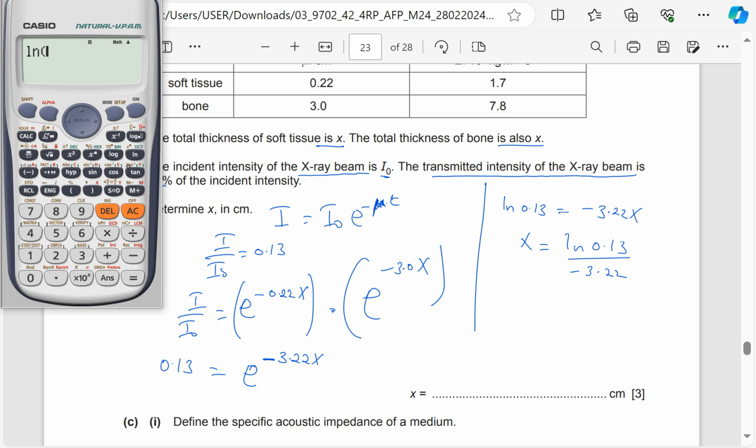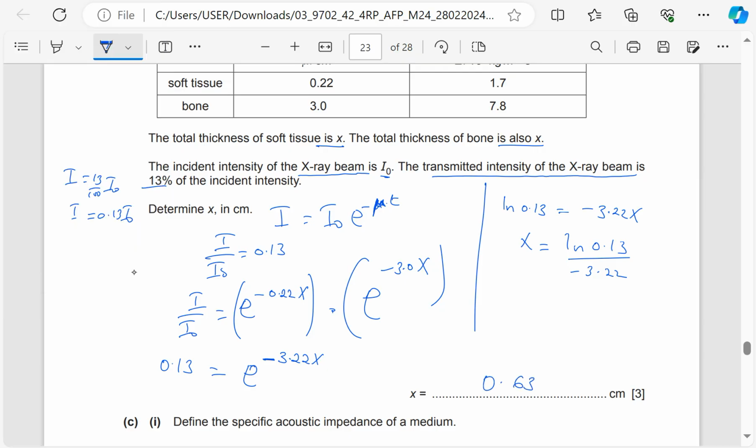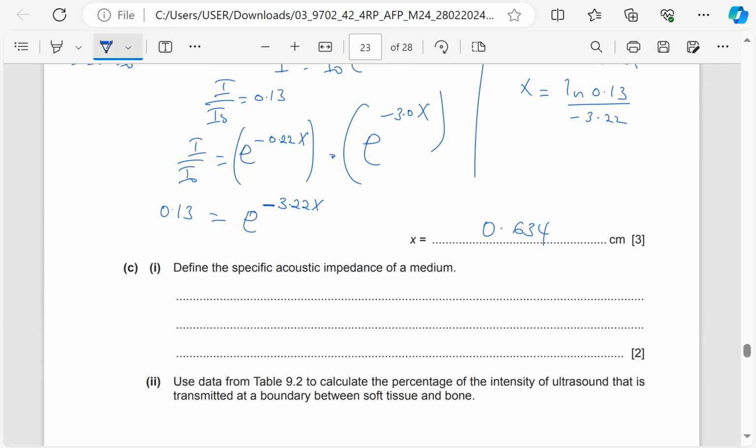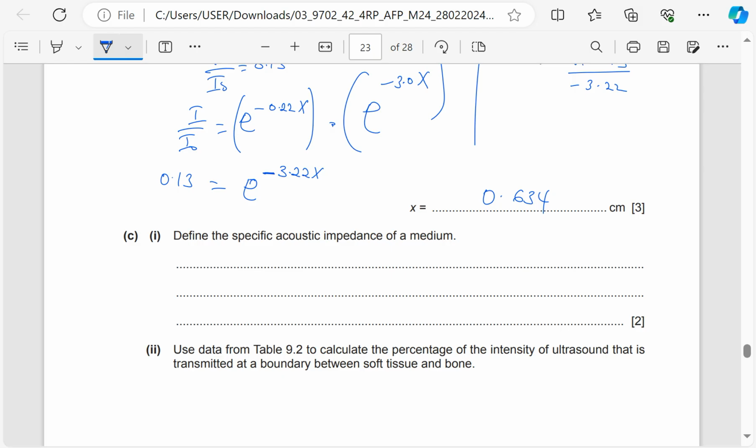So ln of 0.13 divided by negative 3.22, I'm getting 0.63, or 0.634 centimeters.